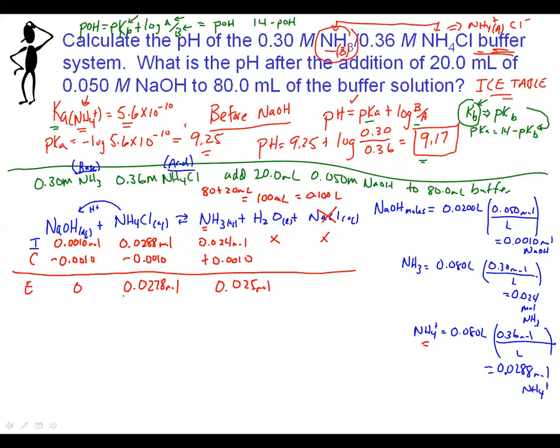So to convert these back to molarity, we're going to take each of them and divide by 0.1 liters. And that will give us the molarity of each of these guys. And we will end up with 0.278 molar for this guy.